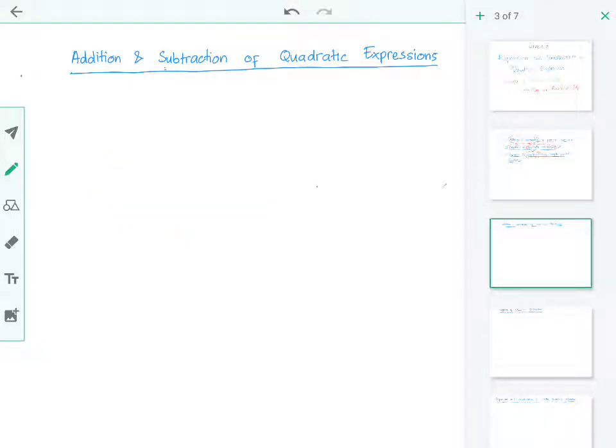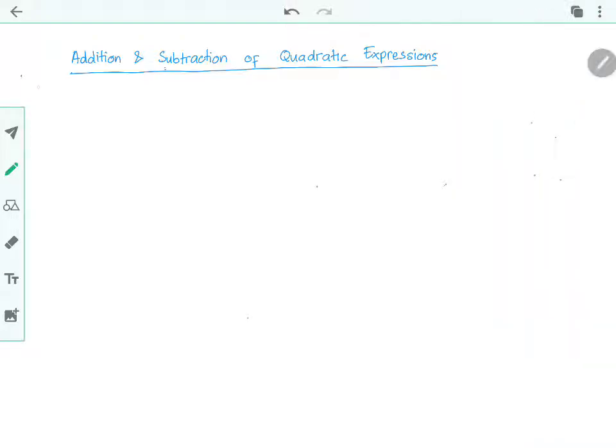We are going to start with the addition and subtraction of quadratic expression. In addition and subtraction of expression, the important part that we need to know is about like terms and unlike terms. Now the like terms means they have the same variable.